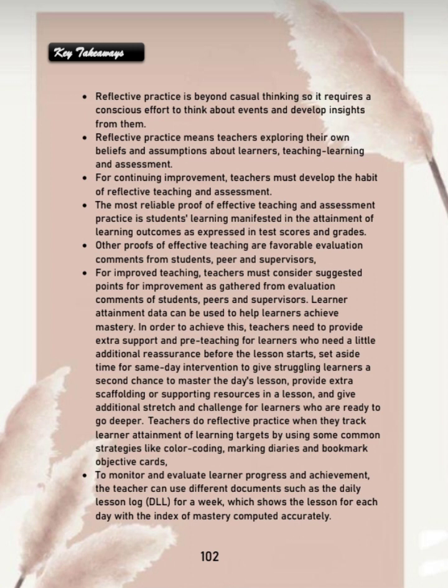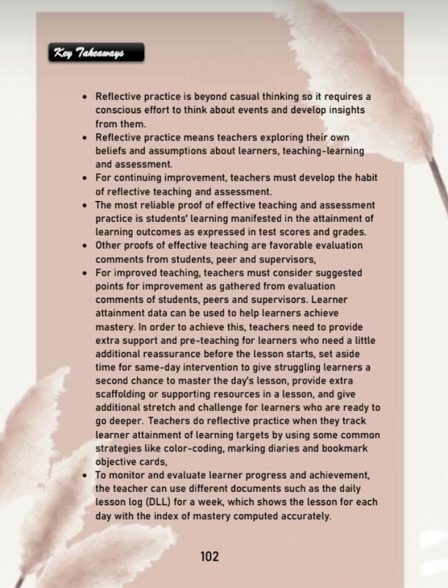The most reliable proof of effective teaching and assessment practice is student learning manifested in the attainment of learning outcomes as expressed in test scores and grades. Other proofs of effective teaching are favorable evaluations and comments from students, peers, and supervisors.